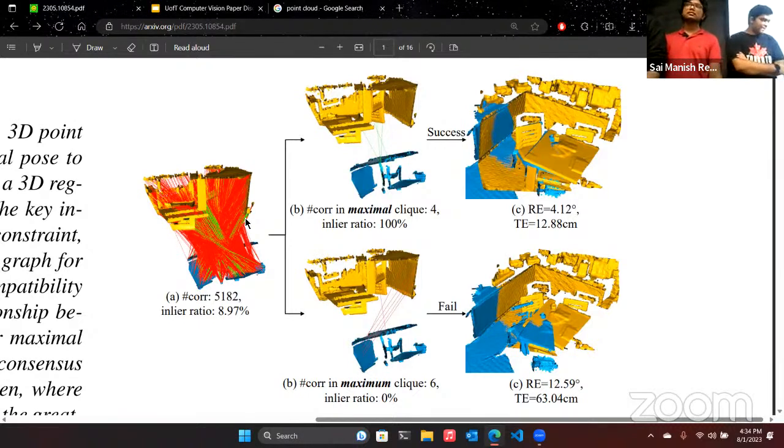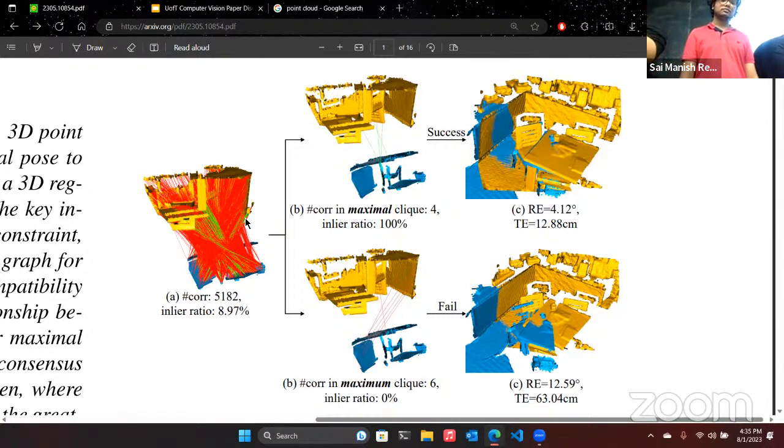The inlier ratio is very important here in terms of success. The meaning of inlier is a point which corresponds completely. So in the scan process, there is a point called 1, 2, 3, for example, and when you're reconstructing, it's also 1, 2, 3.